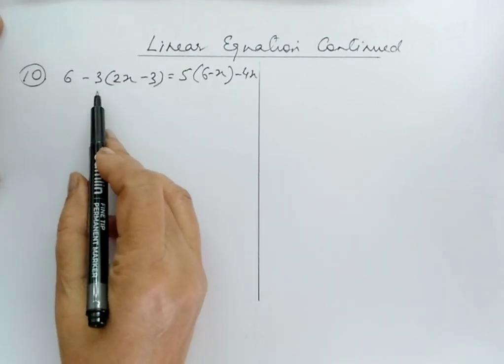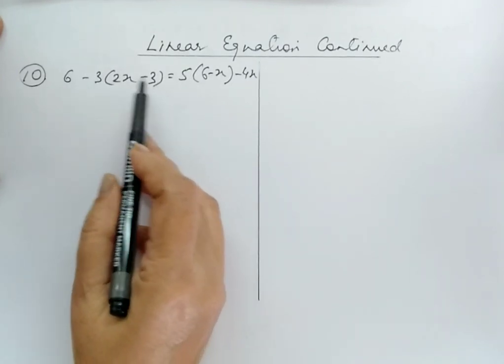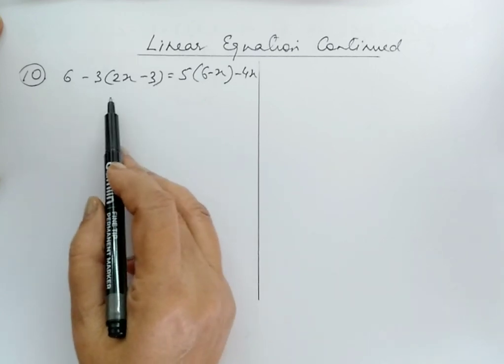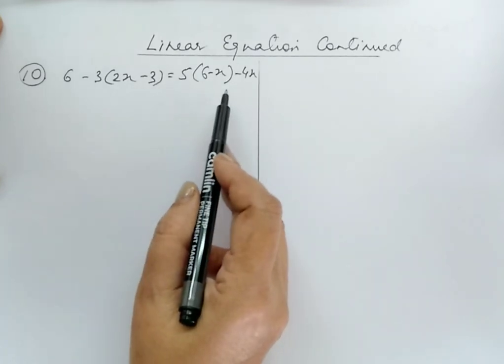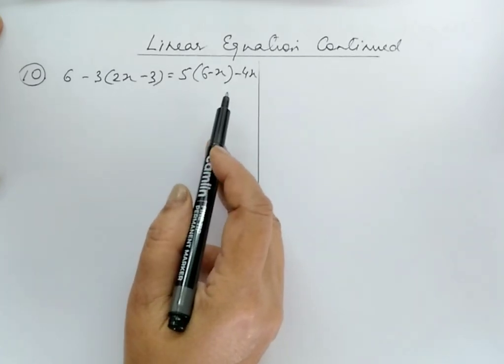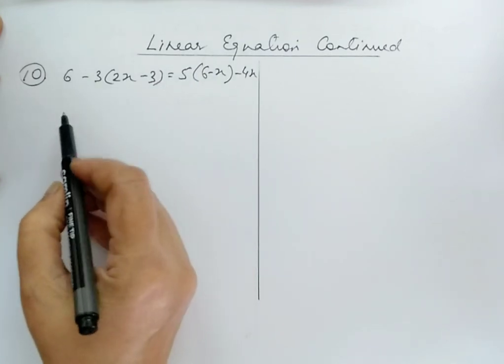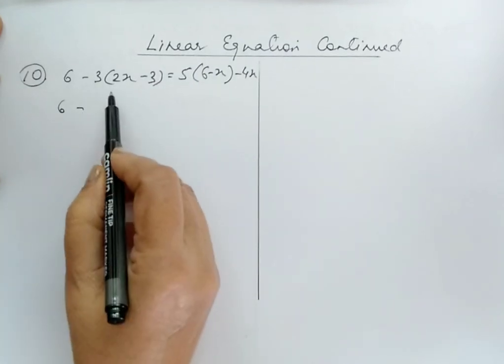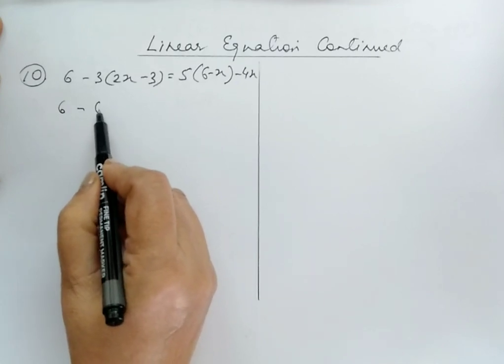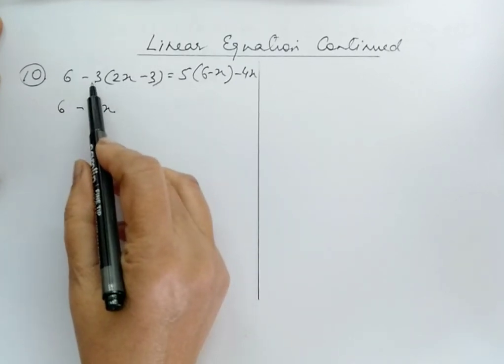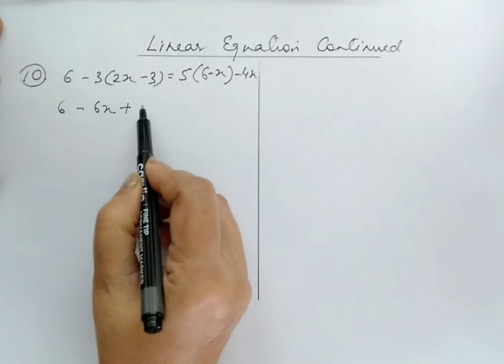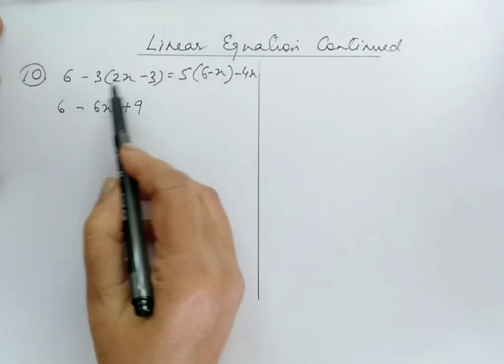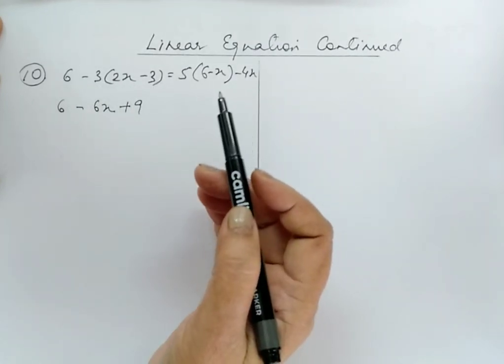First thing we need to do is to dissolve, to break away the small bracket. In that case, 6 minus 3 into 2 is 6x, minus minus plus, we get 9 over here, 3 into 3. Got it?